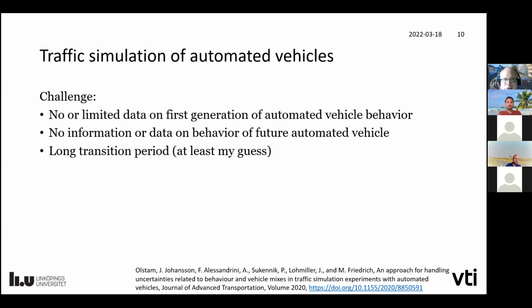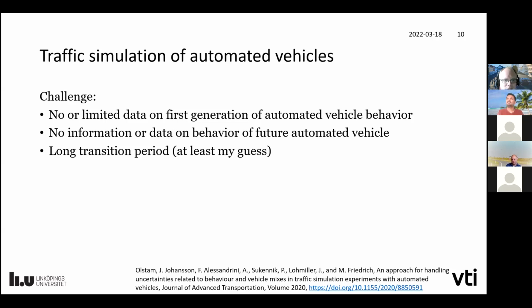It might be difficult to get hands on it because it might be OEM property and so on, or it might be more research tests. But for sure, we don't know how automated vehicles will behave in a couple of years, and the transition period will probably be long, or at least that's my guess. And I think there are several others who think it will take some time.